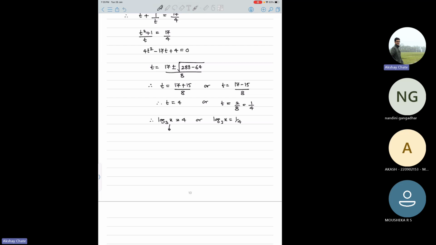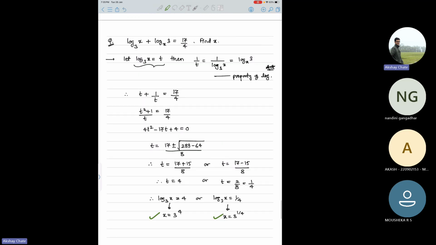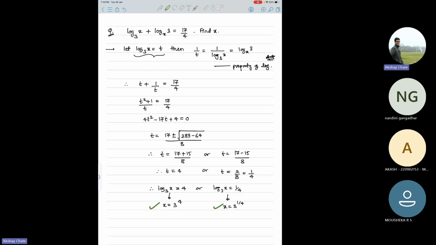That means x will be 3 power 4, and in the other case x will be 3 power 1 by 4. I'm not calculating the exact values, but both of these are acceptable values. There is nothing like one is not acceptable and another is. These kinds of questions are there, so I would request you to do a basic revision of log properties. And with that, we'll stop.